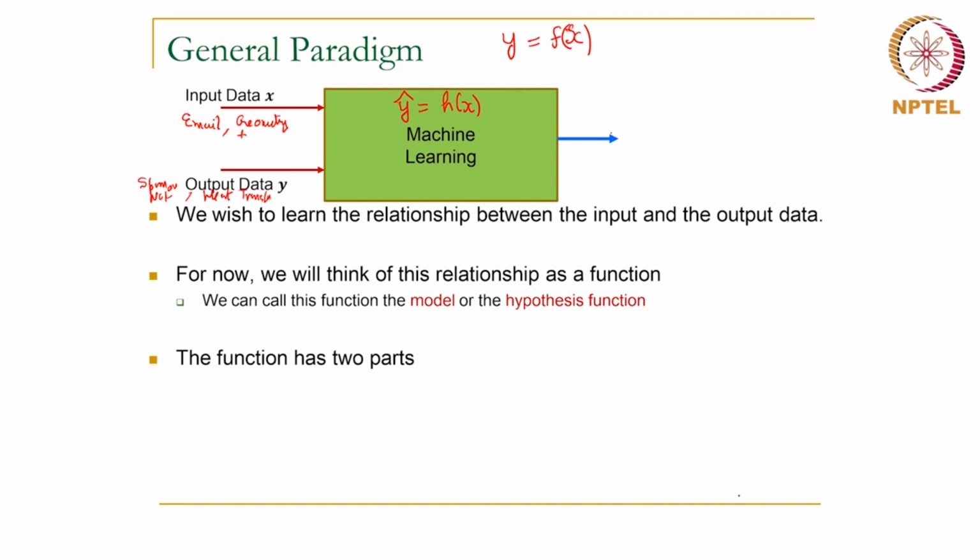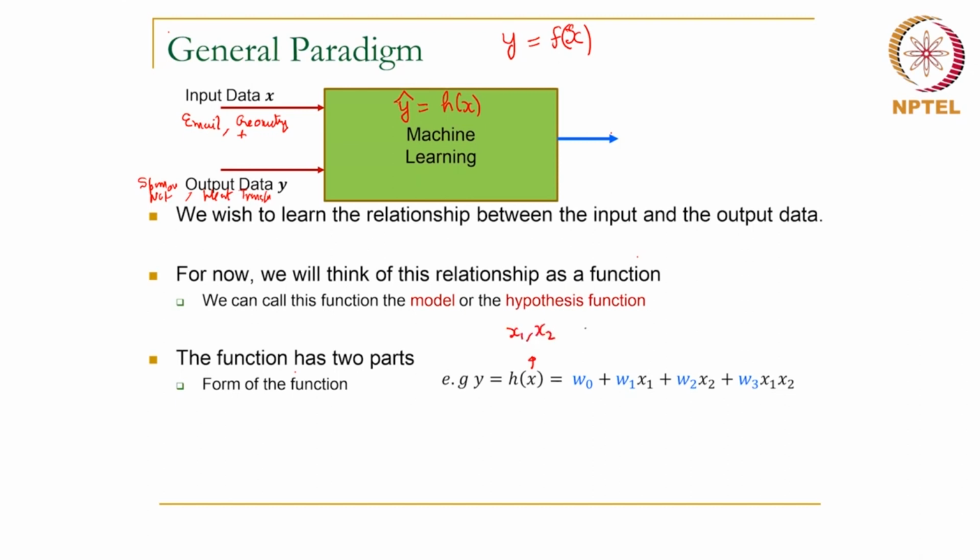H stands for hypothesis. So H is an approximation to my original F, and it's a surrogate to the original F. F is the actual function relating X and Y. I am going to guess, and I am going to get some approximation, which is going to be H of X. Okay, just 1 second. So every function has two parts, the form of the function. For example, I could say something like H of X is linear, and let's say input X had two variables, X1 and X2.